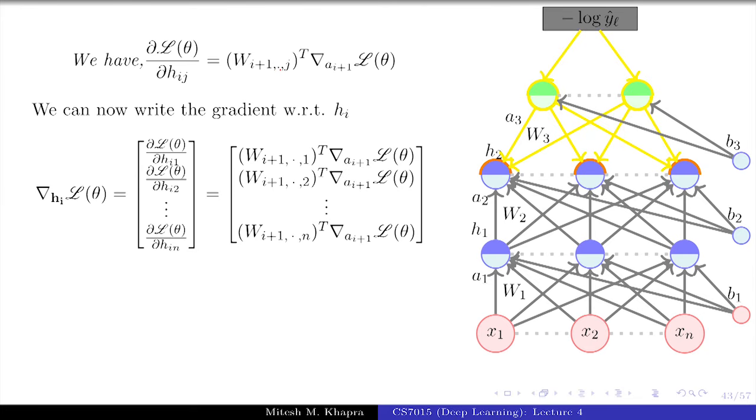Now simplify this. What is this? First column of the matrix multiplied by the same vector. The second column of the matrix multiplied by this vector.